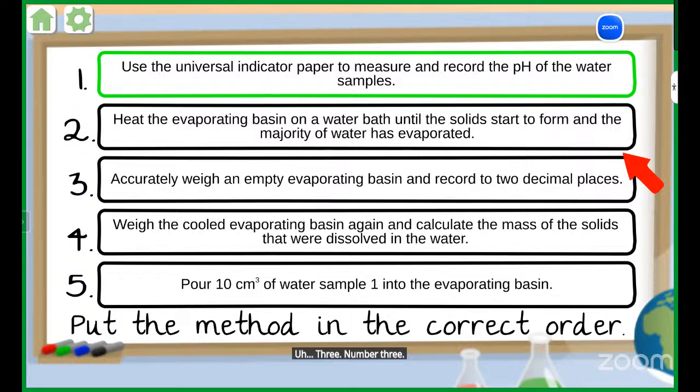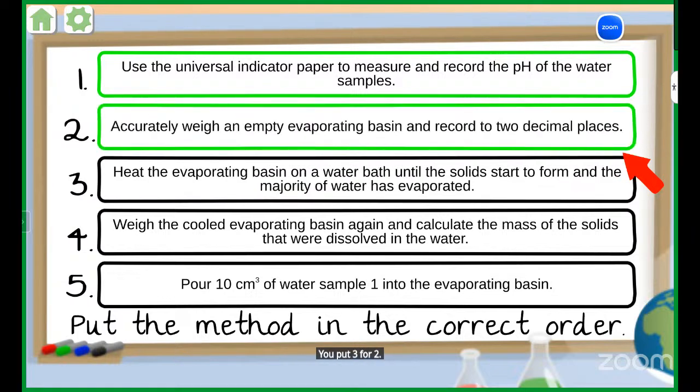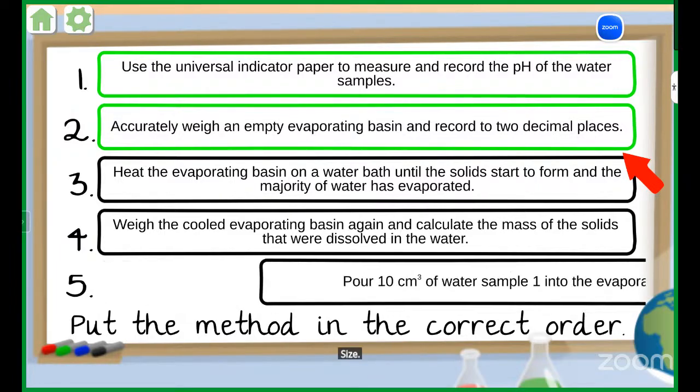You put 3 for 2. Okay, that's impressive. That is also correct. And what do you put for number 3? 5. 5 for 3.